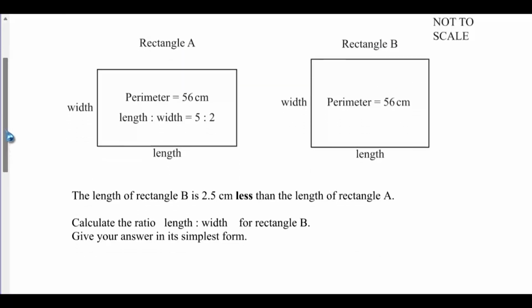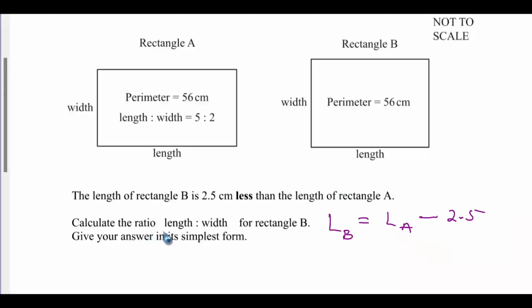The length of rectangle B is 2.5 centimeters less than the length of rectangle A. So this implies that the length of rectangle B will be equal to the length of rectangle A minus 2.5. This is the meaning of that statement.